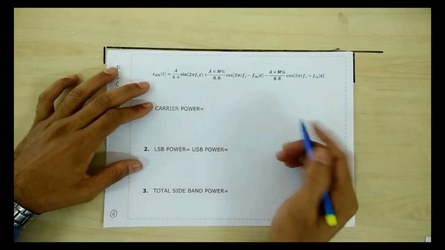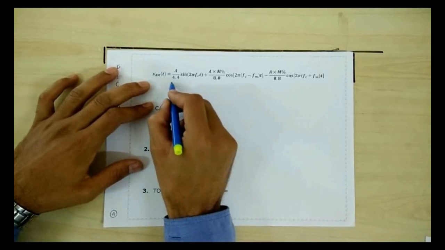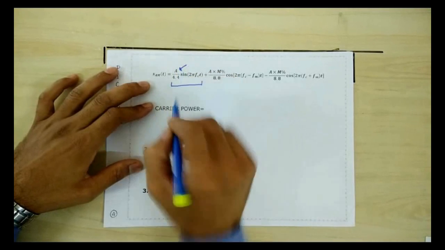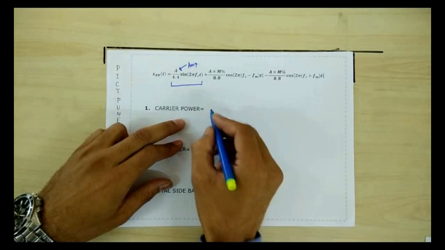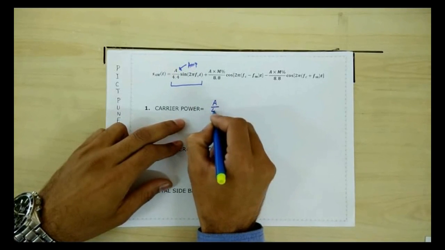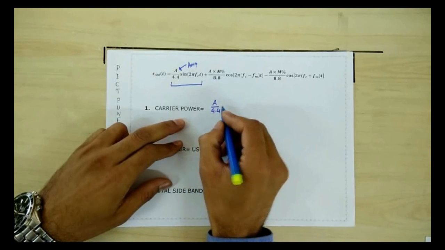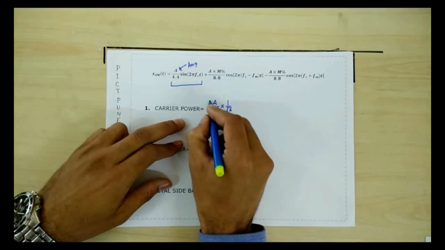So if you see the carrier power, you have to see the carrier term. This is the carrier term whose amplitude is A by 4.4. So the carrier power can be written using the RMS value, which is going to be A by 4.4, since this is the peak amplitude. So this is A by 4.4 into 1 by root 2, because we are going to convert into RMS value.